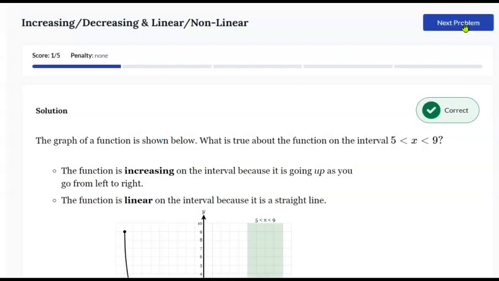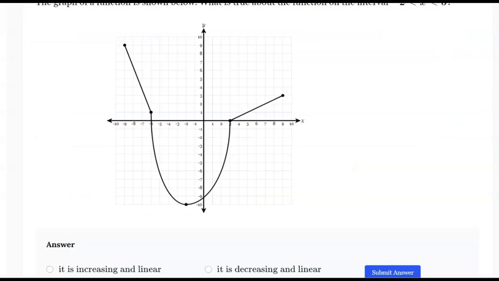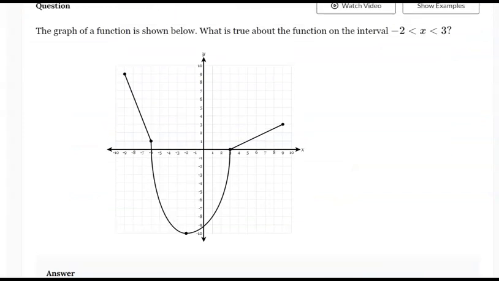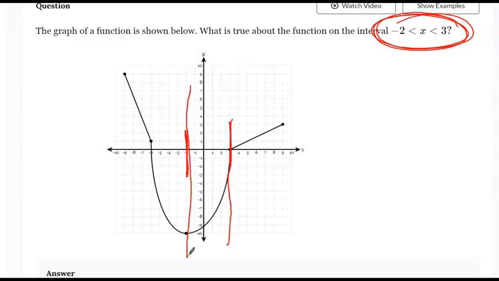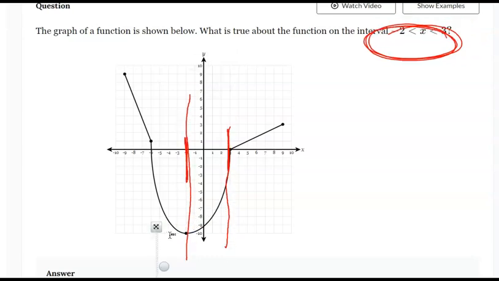Again, the first thing you want to focus on is the interval or the section of the graph that you should be focusing on. It will always be listed up here in the question. So from -2 to +3. So we're going to scan all the way down and find the graph. The graph is here. And we're reading from left to right.